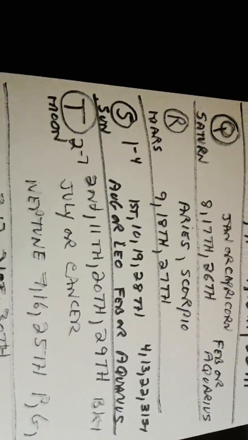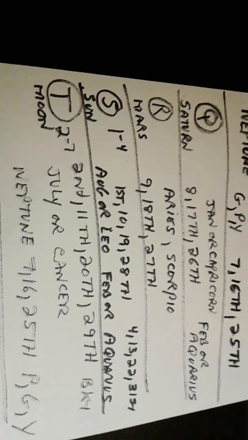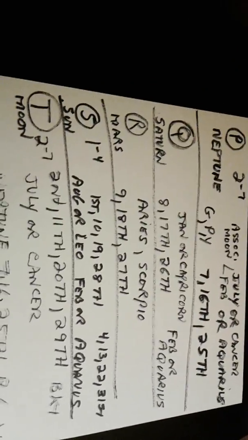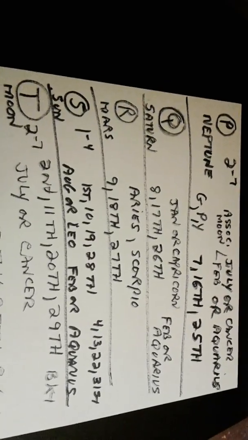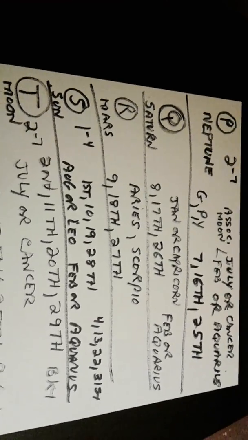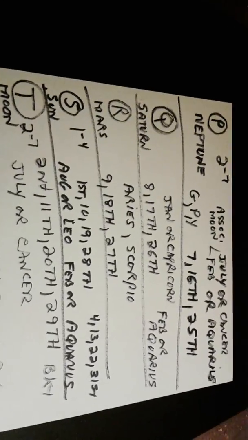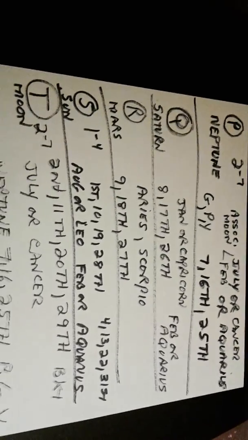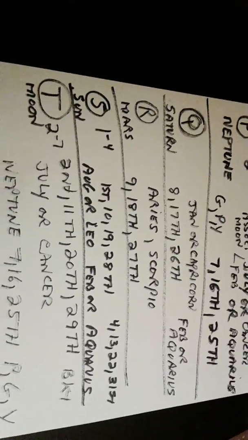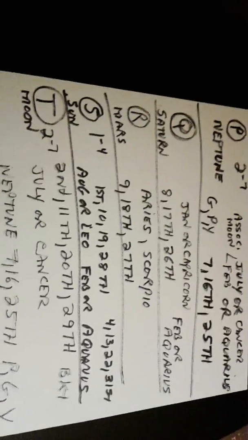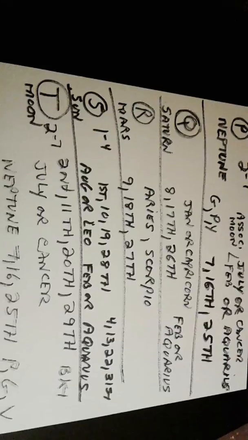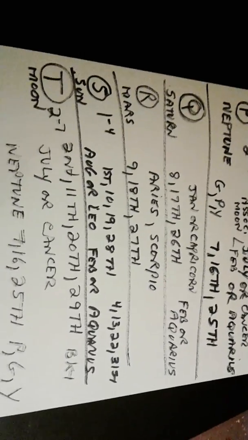The S letter is a Sun letter, and as I said before, the Sun is associated with Uranus, so it's written 1-4. It involves people born on the 1st, the 10th, the 19th, or 28th day of any month, and particularly August or Leo, which is the first house of the Sun. And again, it's February or Aquarius.